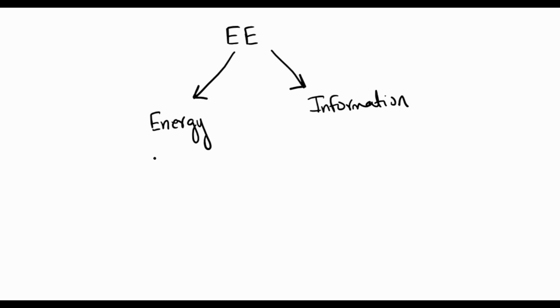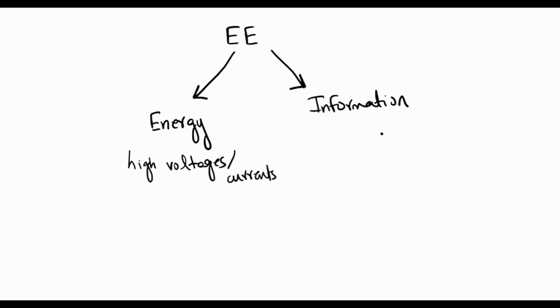When we talk about energy, basically we are talking about the generation, transmission, distribution, and utilization of electrical energy. And here we usually talk about high amplitude of voltages and currents.